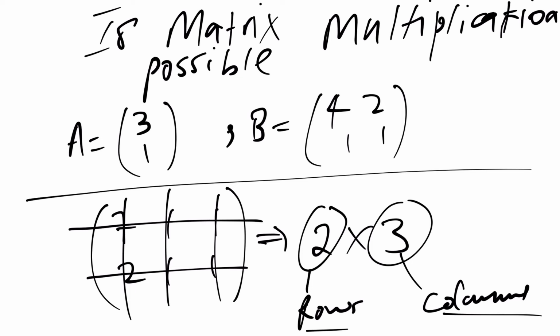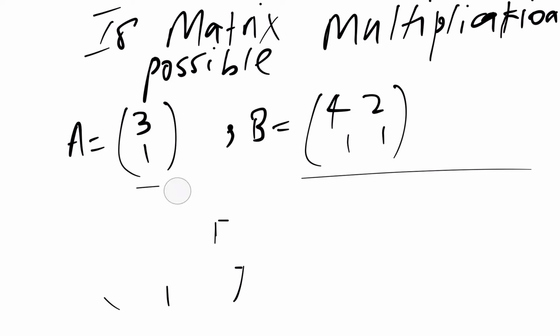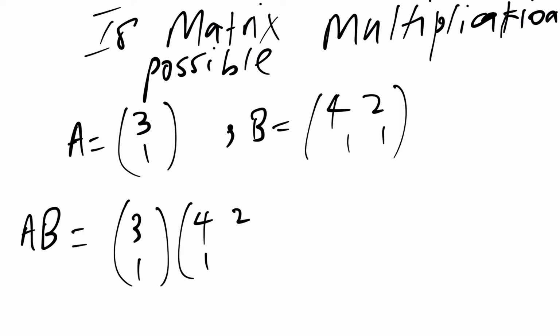With that being said, we come here. If we're given matrix A and matrix B to be multiplied, it means AB is equal to matrix A, which is [3 1], and matrix B, which is [4 2 1 1].